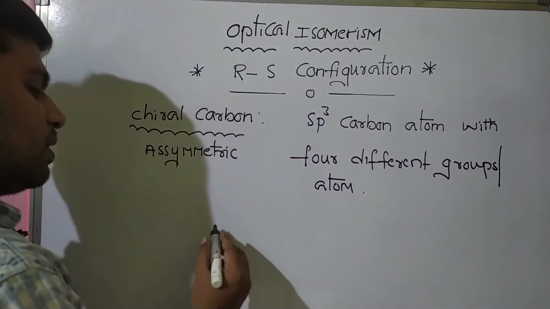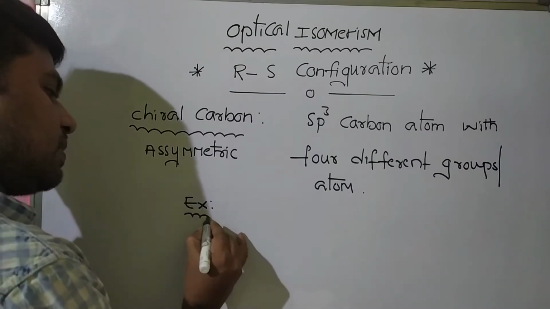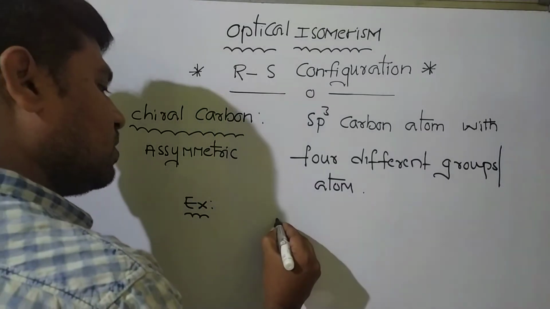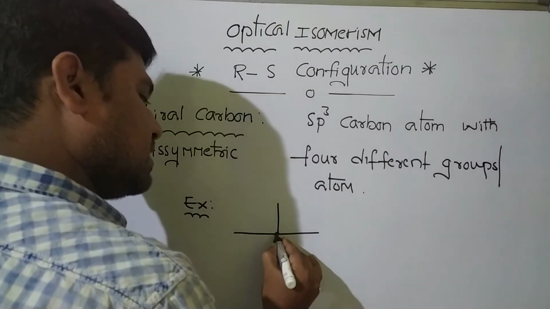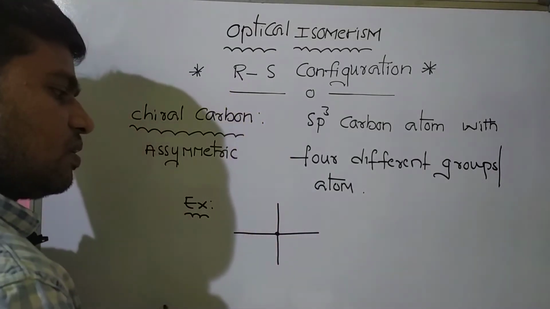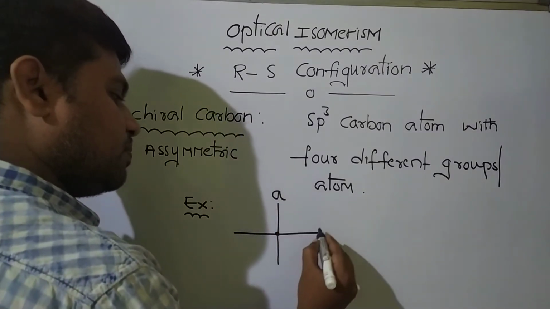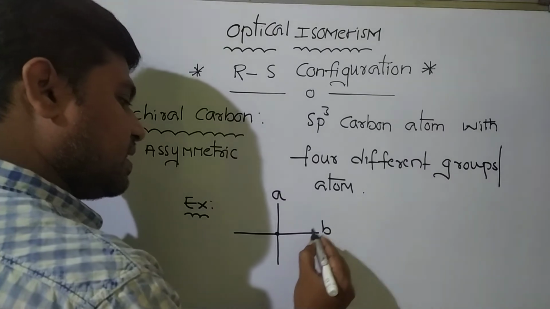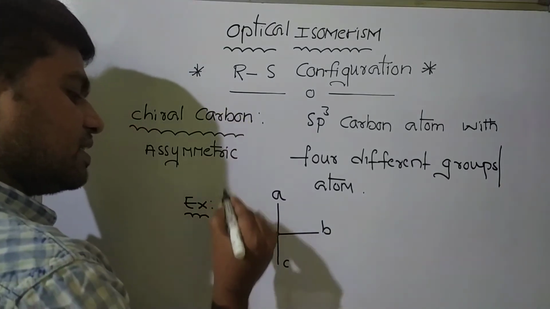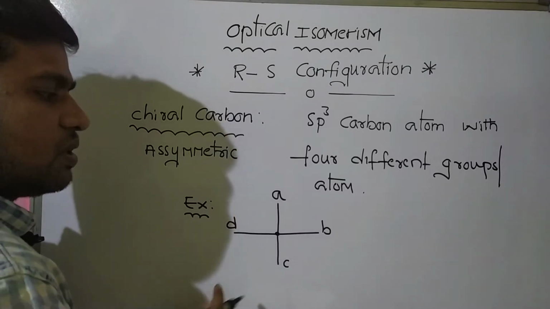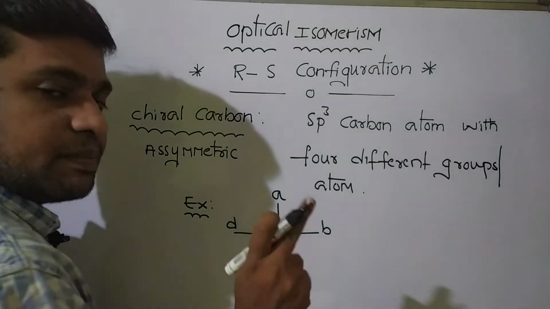Now examples, some hypothetical example. So this is the carbon atom. Here A is one group, B is another group, C is another group, D is another group. Okay students, here these 4 valencies of this carbon must be different.